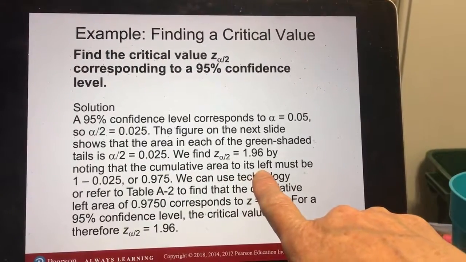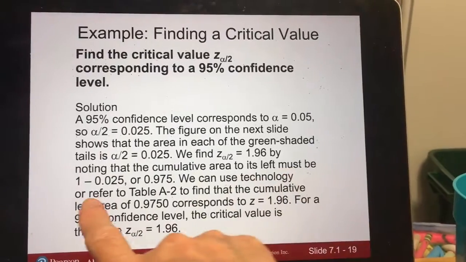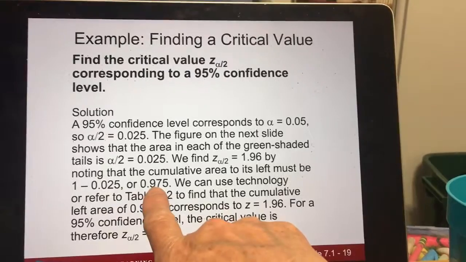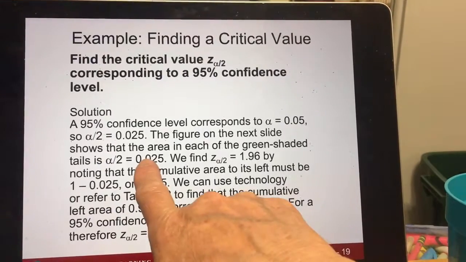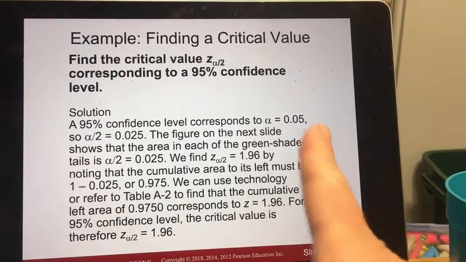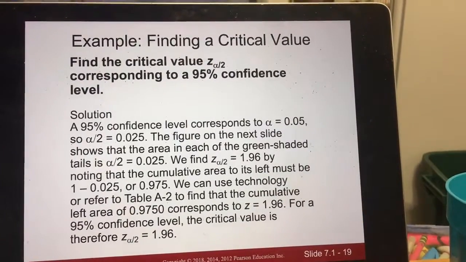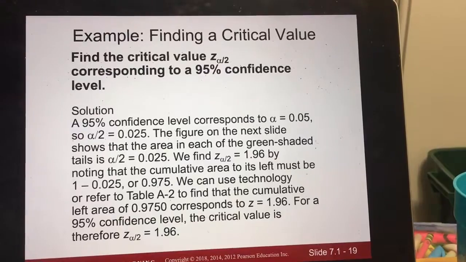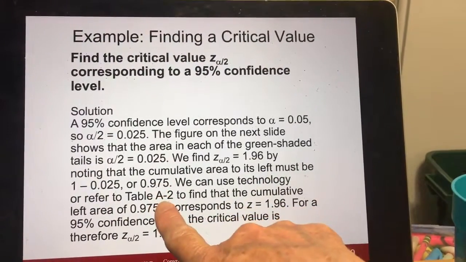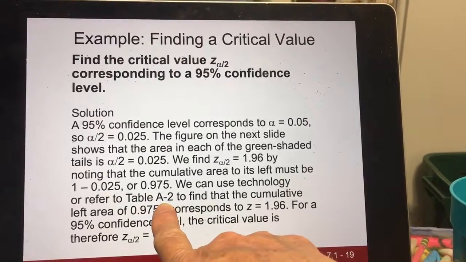its left must be 1 minus 0.025, or 0.975. Remember, the 0.025 is to the right, so 1 minus that is to the left. 0.975 will be to the left, so 0.975 is what we would look up in the standard normal table.